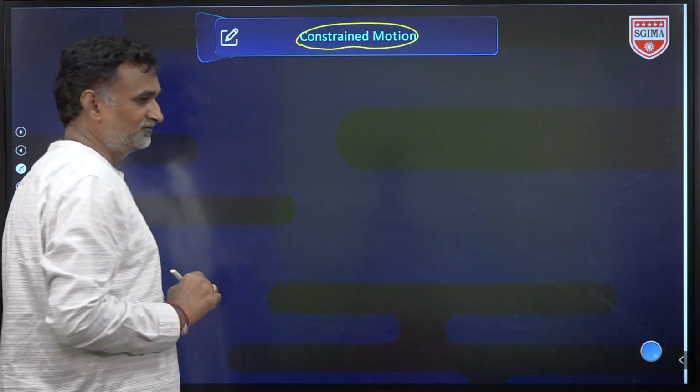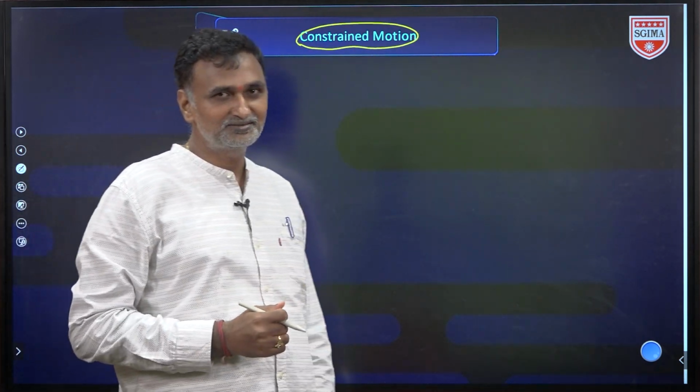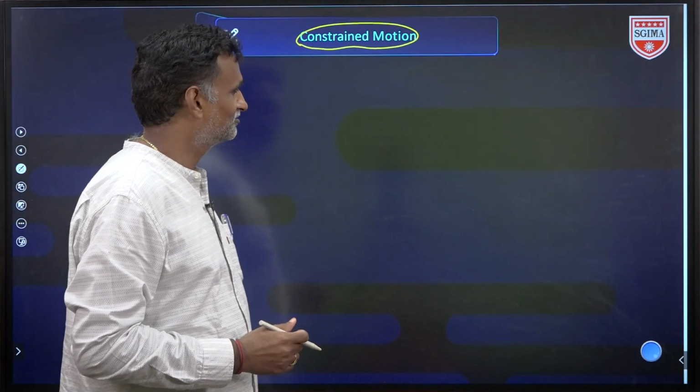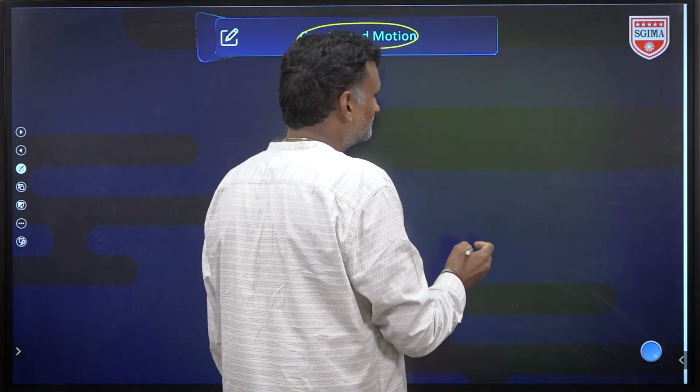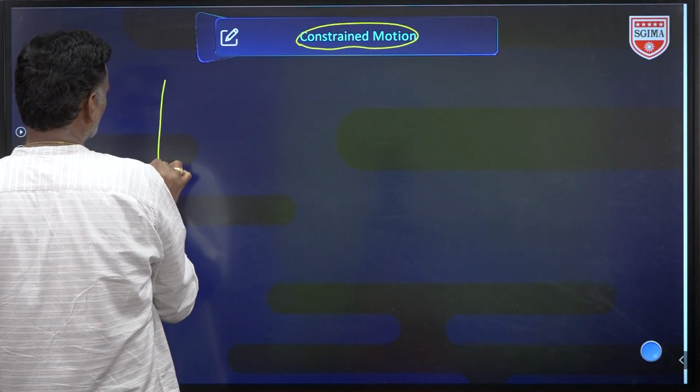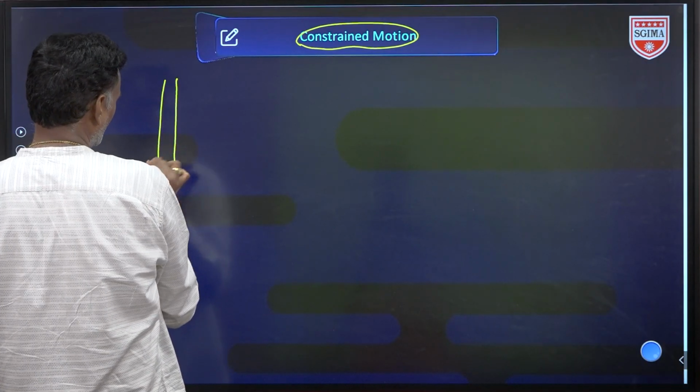Generally, we can describe it as restricted motion. A restricted motion means, suppose here is a track, this is one vertical track.